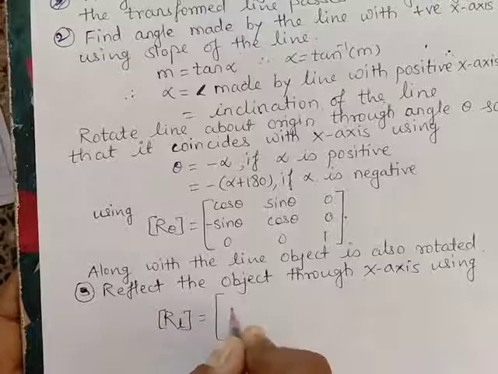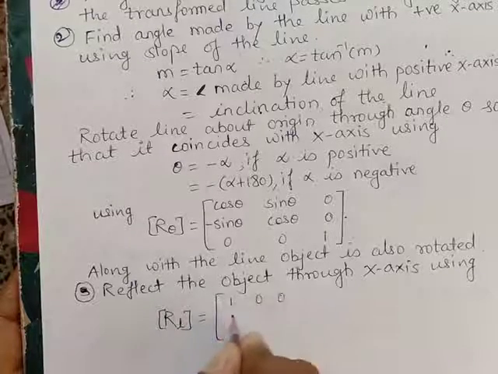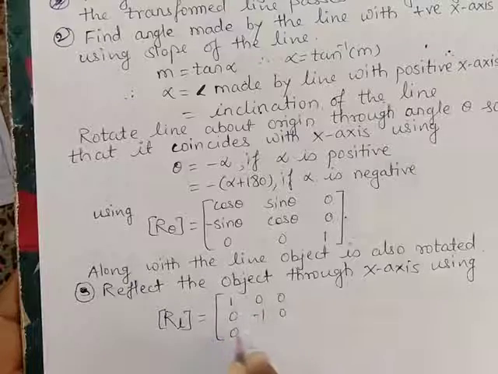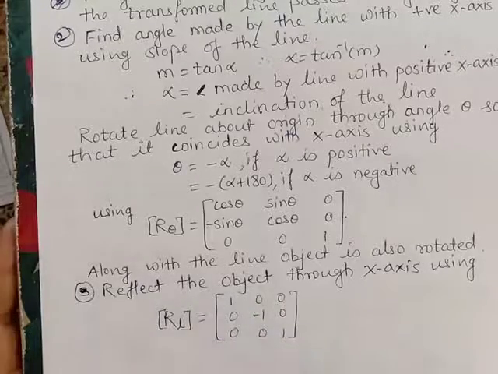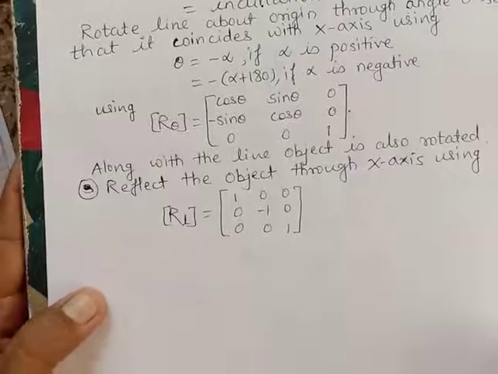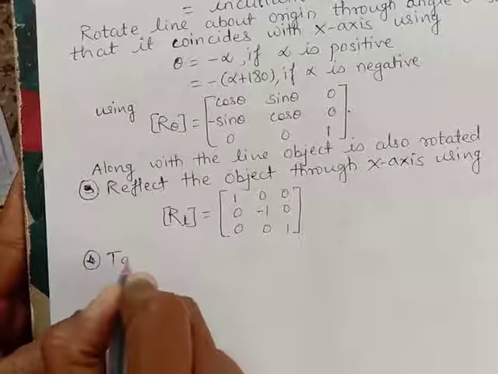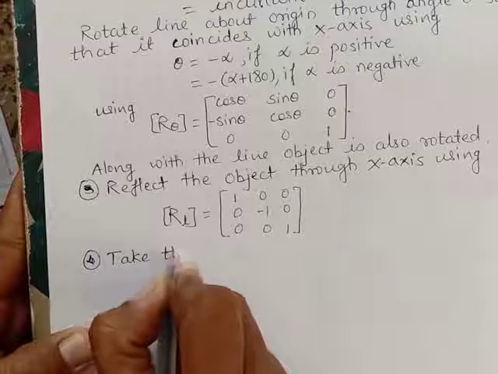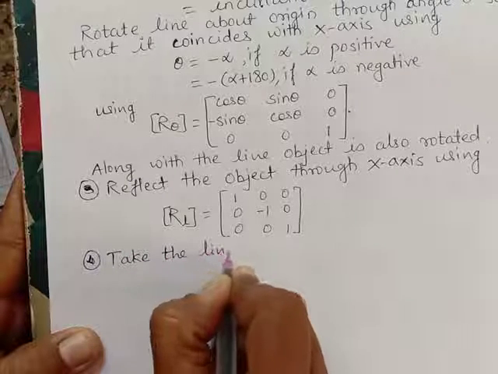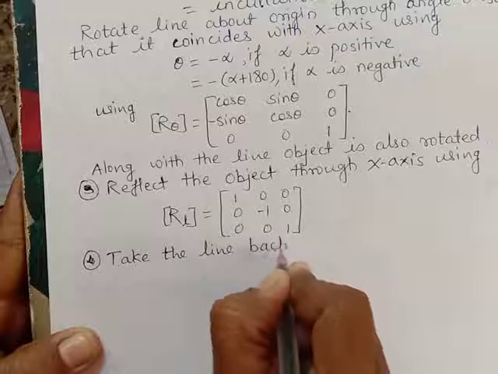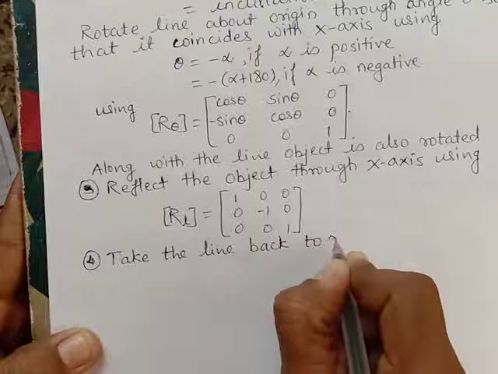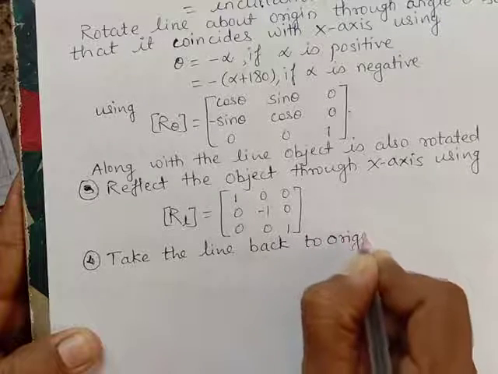That matrix is what? 1 0 0, 0 minus 1 0, 0 0 1. Reflection through x-axis. Next thing, take the line back to original position.